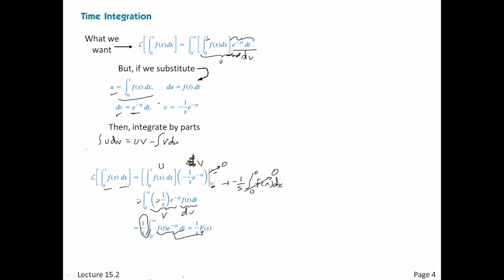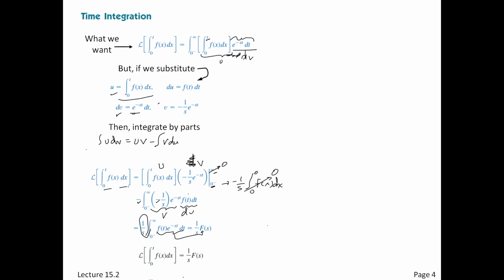So we can express the Laplace of an integral of a function as 1 over s times the Laplace of the function, okay? Very similar now to what happened with the differential, which is s times the Laplace of the function itself. So you can kind of see what's going to happen here.